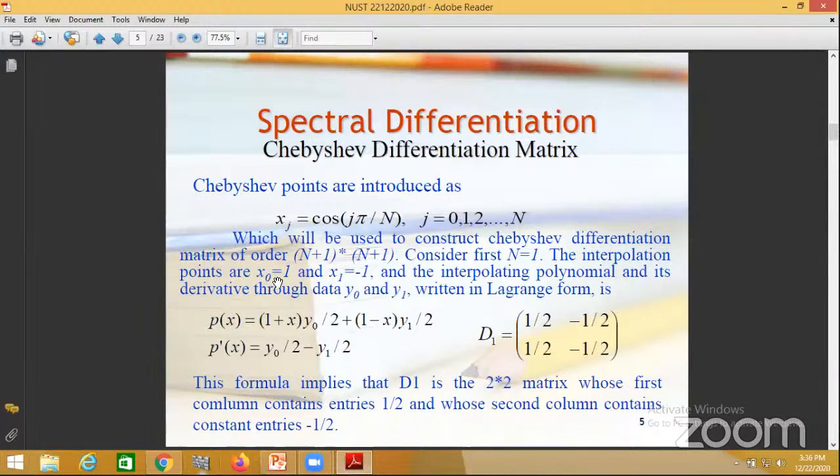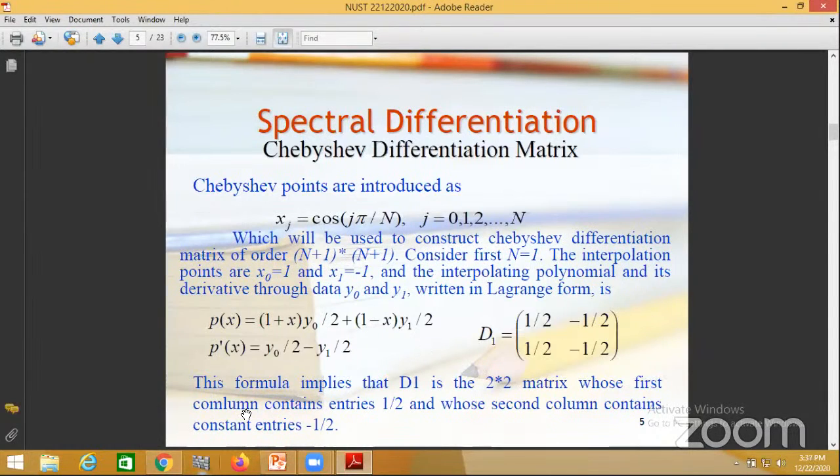It means x0 against y0, and x1 against y1, and one can take the derivative like this: p prime of y0 by 2 minus y0. By this formula p prime of x, one can generate the D1 matrix.